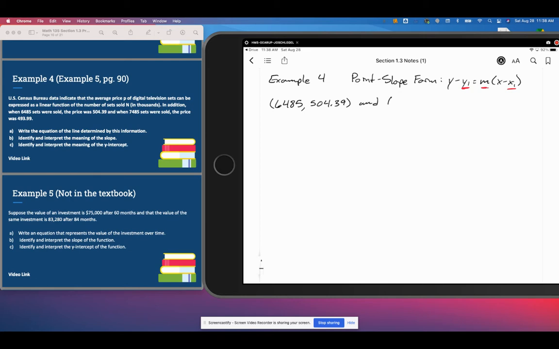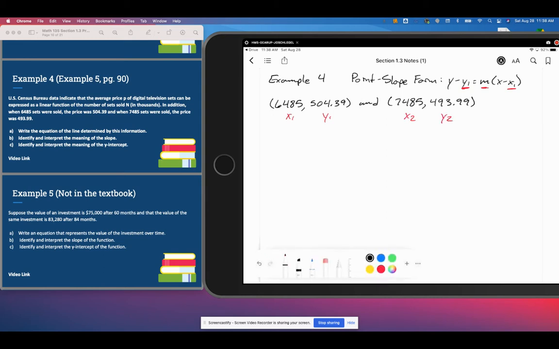Our second point is going to be 7,485 as an x value and 493.99 as a y value. And so again, for point slope form, we do need the slope. And so I'm going to use the slope formula in just a moment. I am going to label these x1, y1, x2, y2.